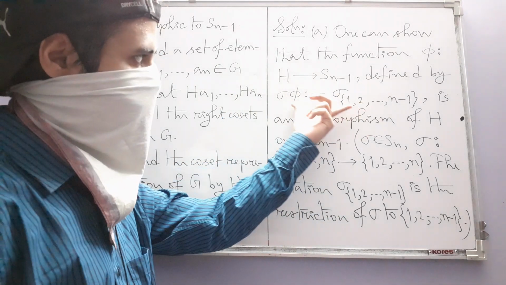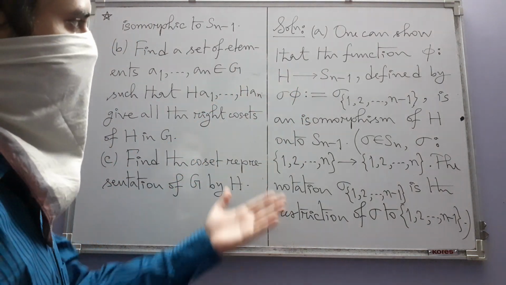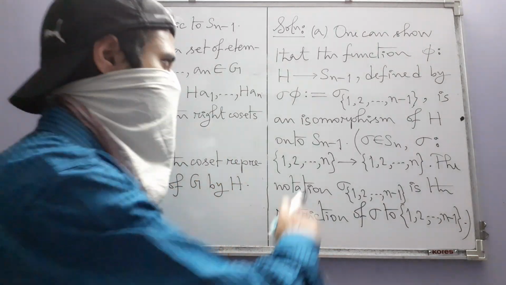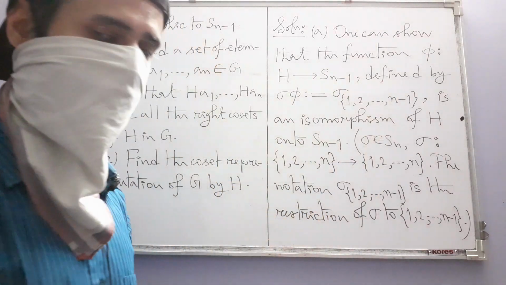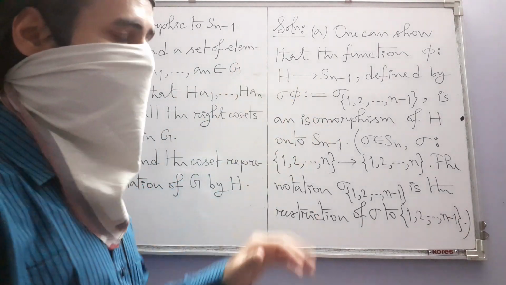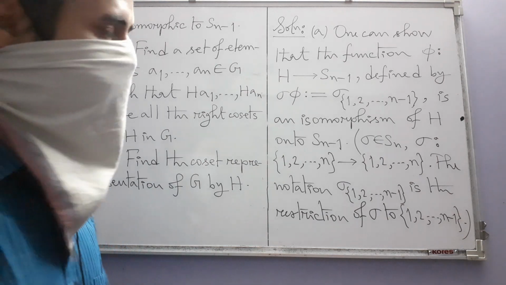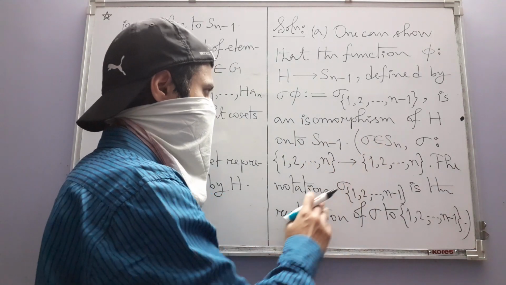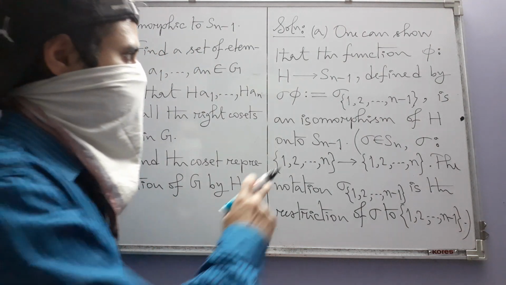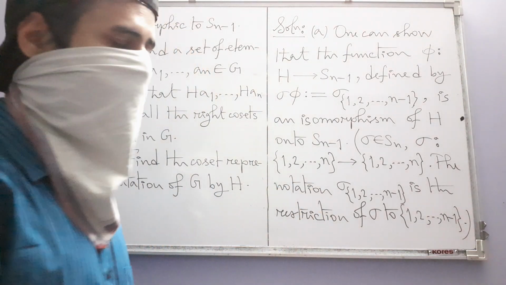It's left to you to prove that this claim is true. Because the function is something we have defined, you have to first of all make sure that it's a well-defined function, no matter how trivial that is, and then you have to prove that it's a homomorphism, and also it's a one-to-one homomorphism.